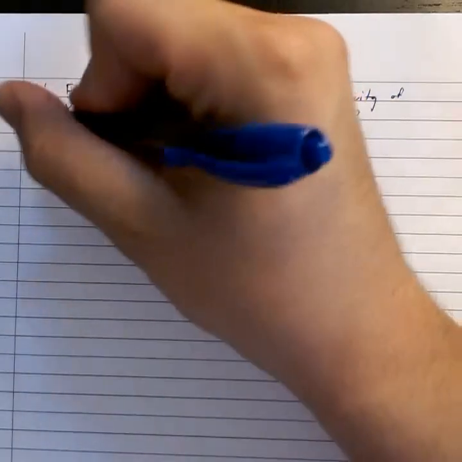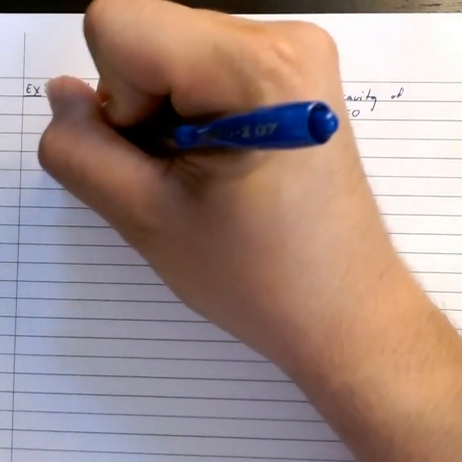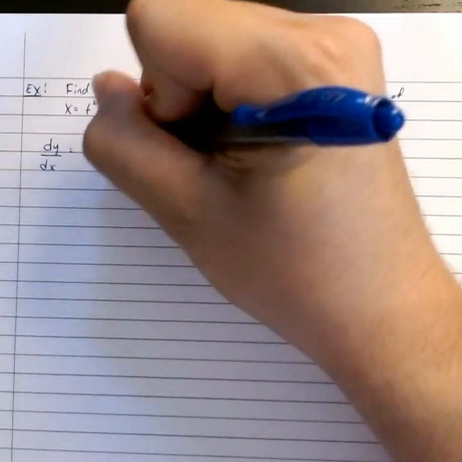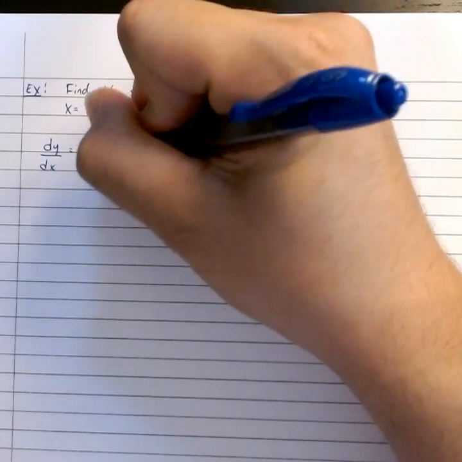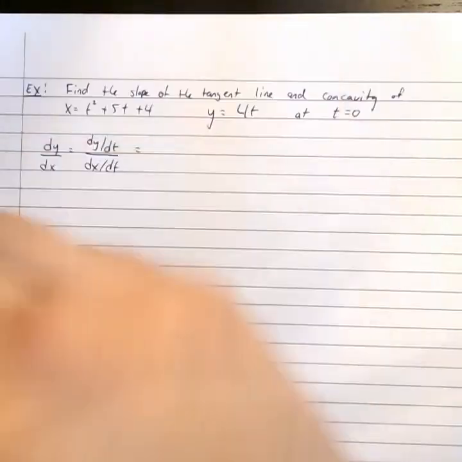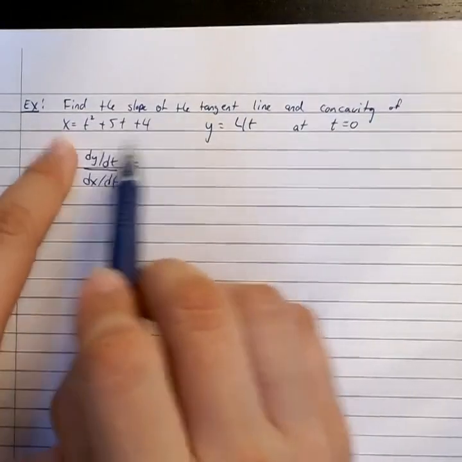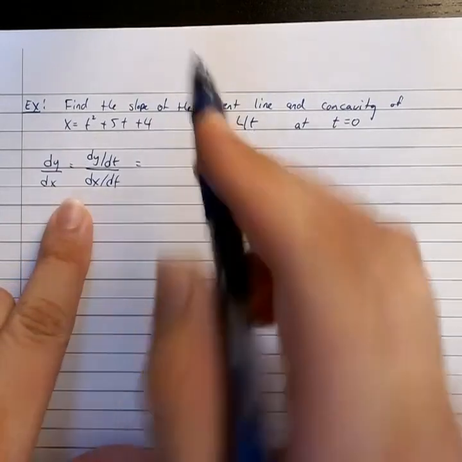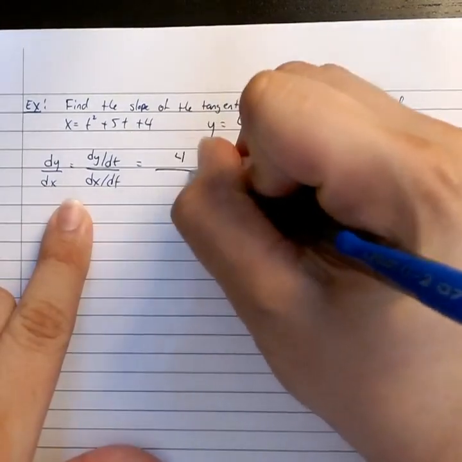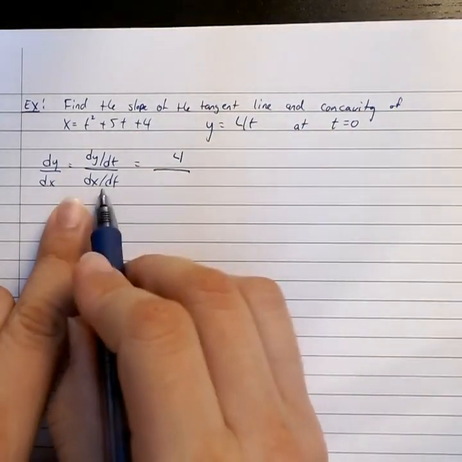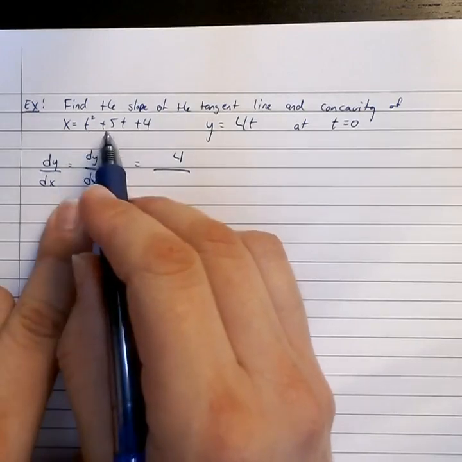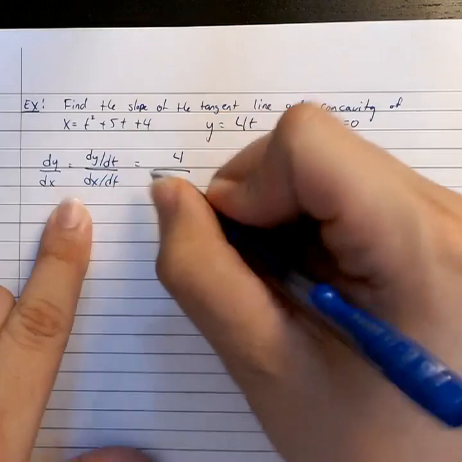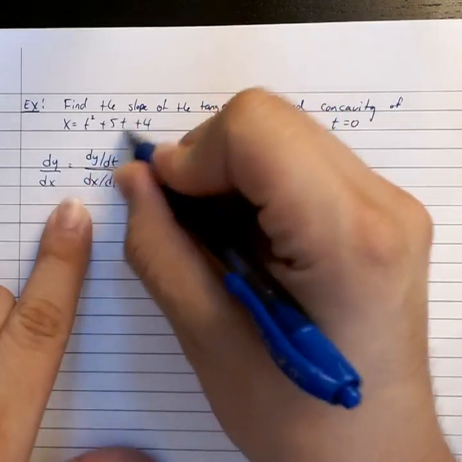All right, so here we go. We know that dy/dx, given our theorem, is dy/dt over dx/dt. So we just need to find those. Here, dy/dt is going to be the derivative of 4t with respect to t, or in other words, just the number 4. dx/dt is going to be the derivative of t squared plus 5t plus 4 with respect to t, which is just 2t plus 5.